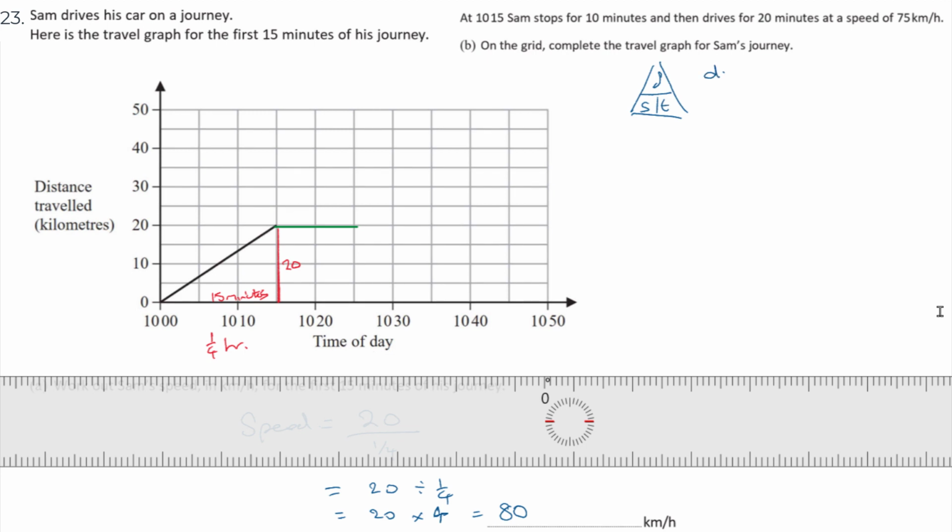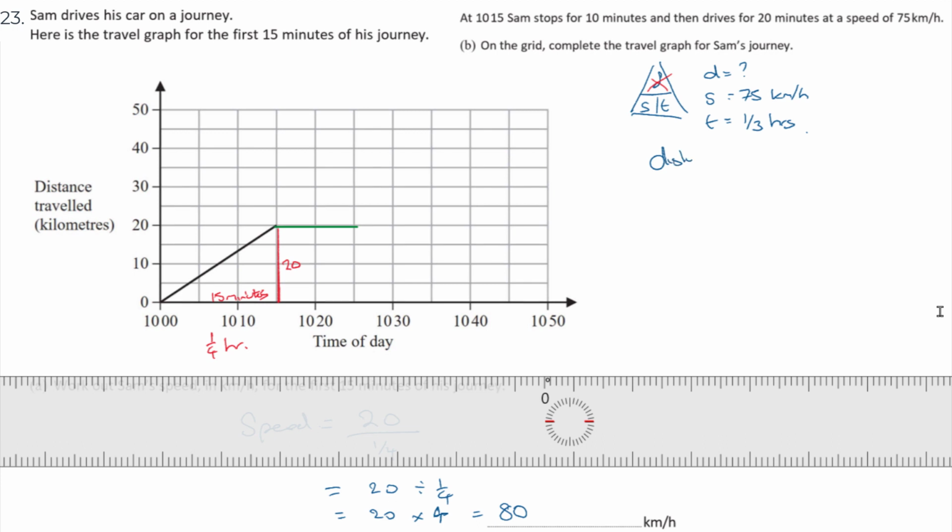Okay, so distance is what we're trying to find. Speed we know is 75 kilometers per hour, and time is 20 minutes, which is 1/3 of an hour, isn't it? Okay, so then distance, cover up what I want to, so distance is what I'm trying to find, so cover up D, so that tells me what to do with the other two. It's speed times time.